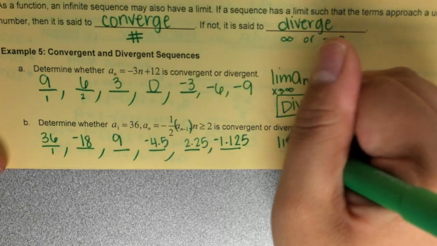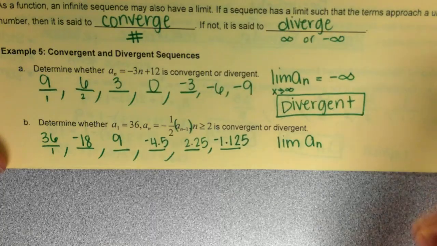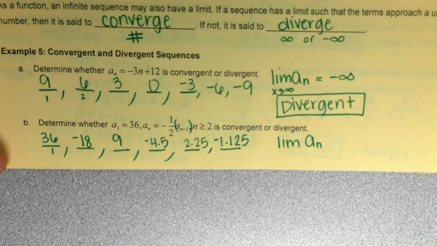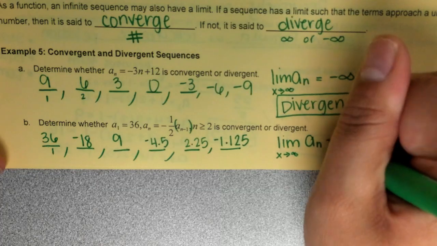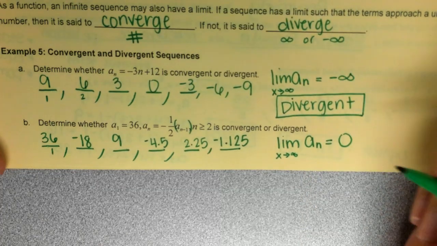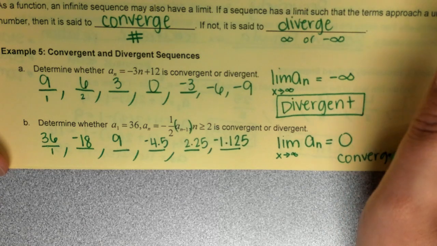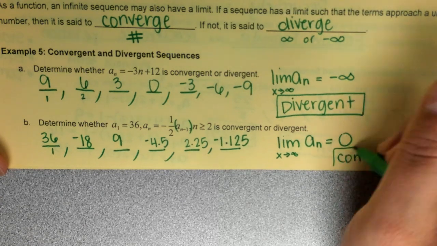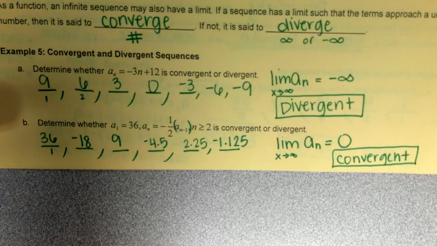So the limit of A of n as n approaches infinity equals 0, therefore it is convergent. It doesn't matter what side. As long as it approaches a number, it's convergent.